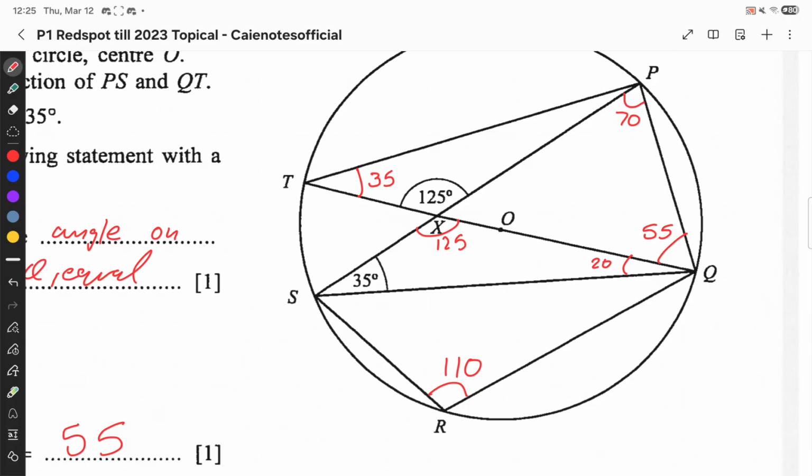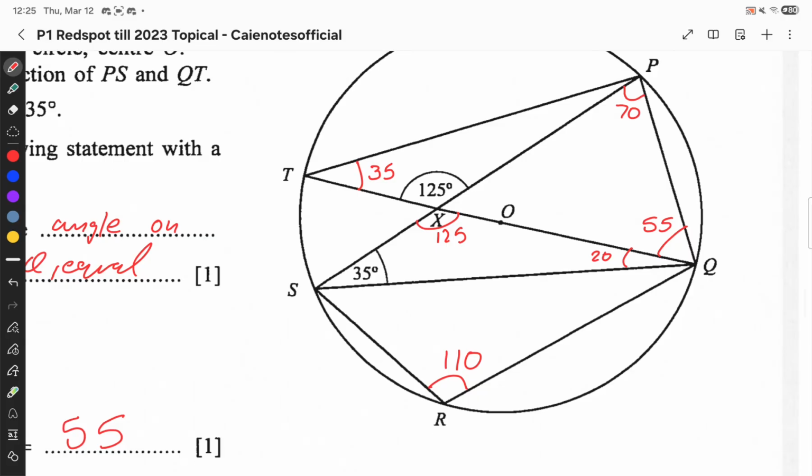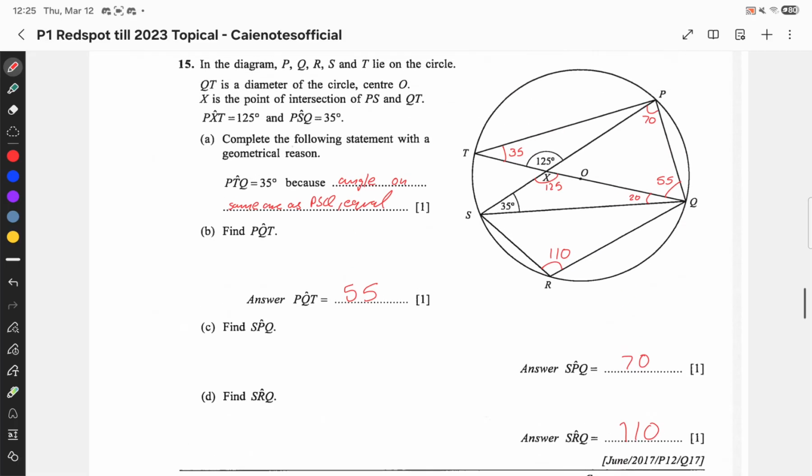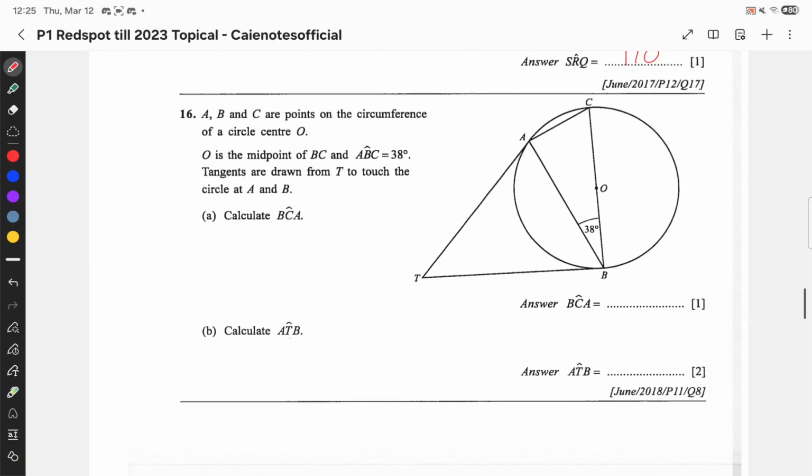Okay, you do have to make sure this is a cyclic quadrilateral after all. So you cannot just do so opposite I find the angle. No, you need to see that the entire shape is made by a cyclic quadrilateral.